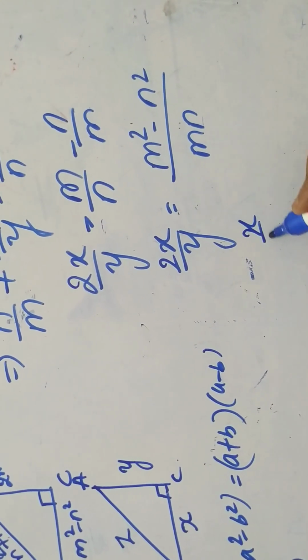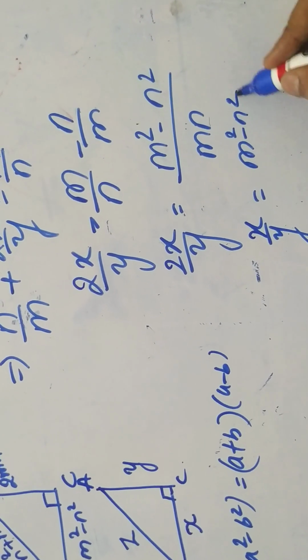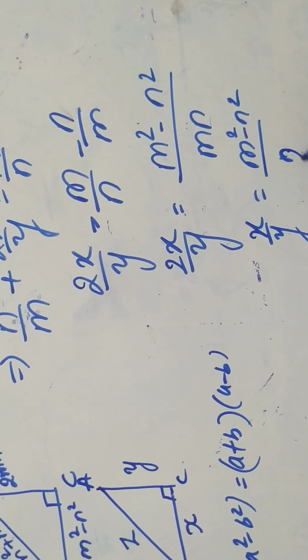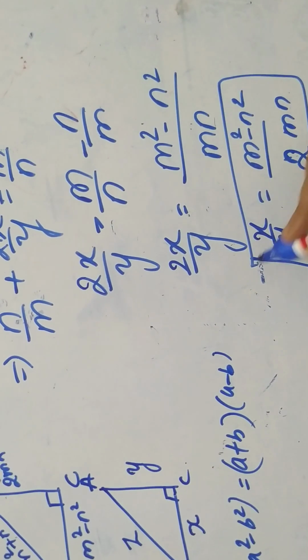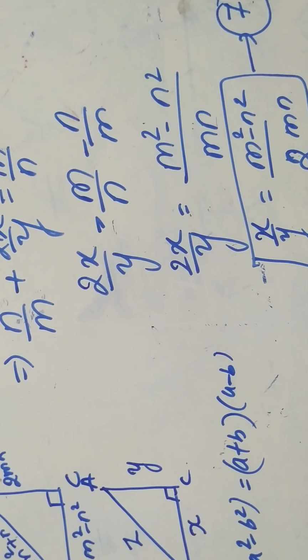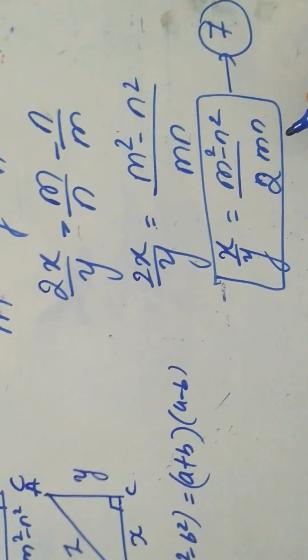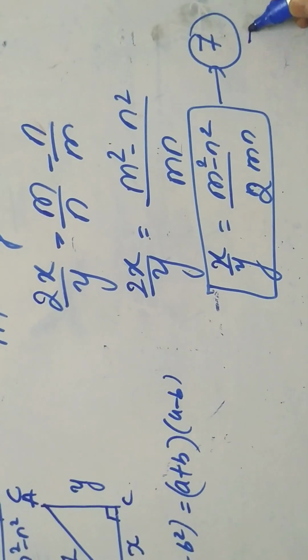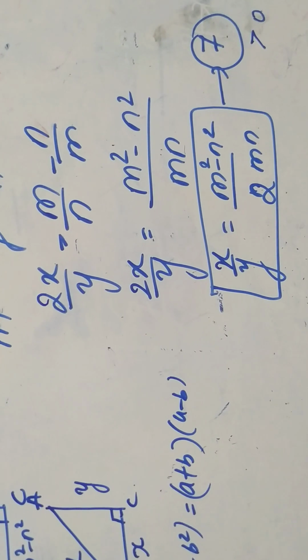So it's x by y is equal to m square minus n square by 2 times mn. We will retain this as equation number 7. And here also we should have a condition that m and n should be greater than 0. Only then the proof is valid.